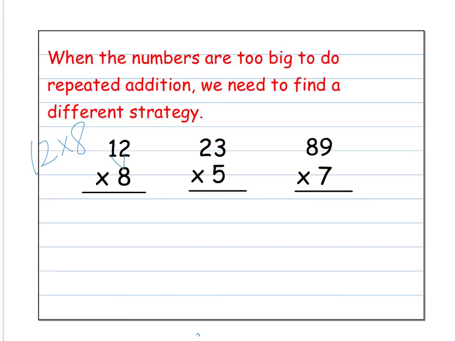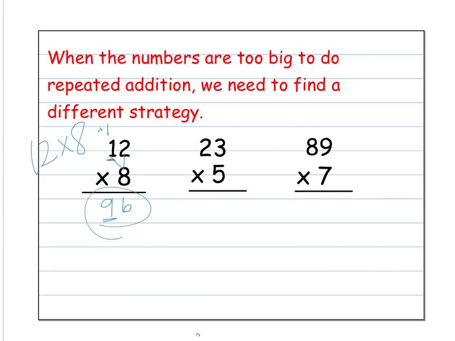So we start with the 2, working right to left. 8 times 2 is 16. So we put down the ones place, regroup the 10 to the next spot. 8 times 1 is 8, and then we add this one that's up above. So 8 plus 1 is 9. Since we had moved over to the tens place here, our 9 goes in the tens place. So our final answer is 96.